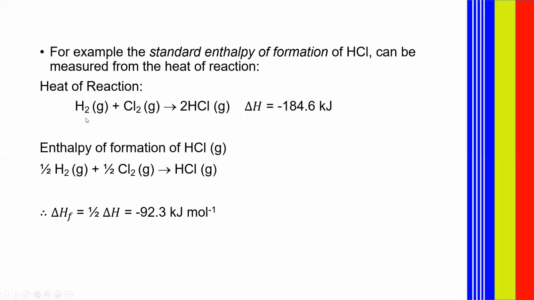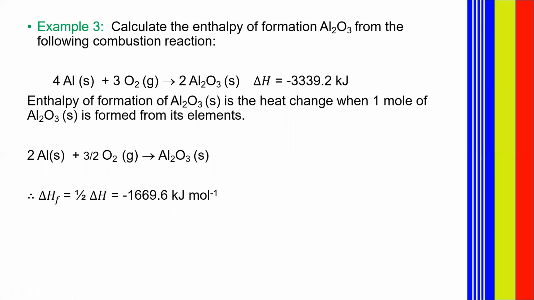So hydrogen plus chlorine becomes HCl. For the enthalpy of formation, you need it for 1 mole. So you need to divide that by 2. That gives you just 1 mole of HCl. So the standard enthalpy of formation for HCl is minus 92 kilojoules per mole.